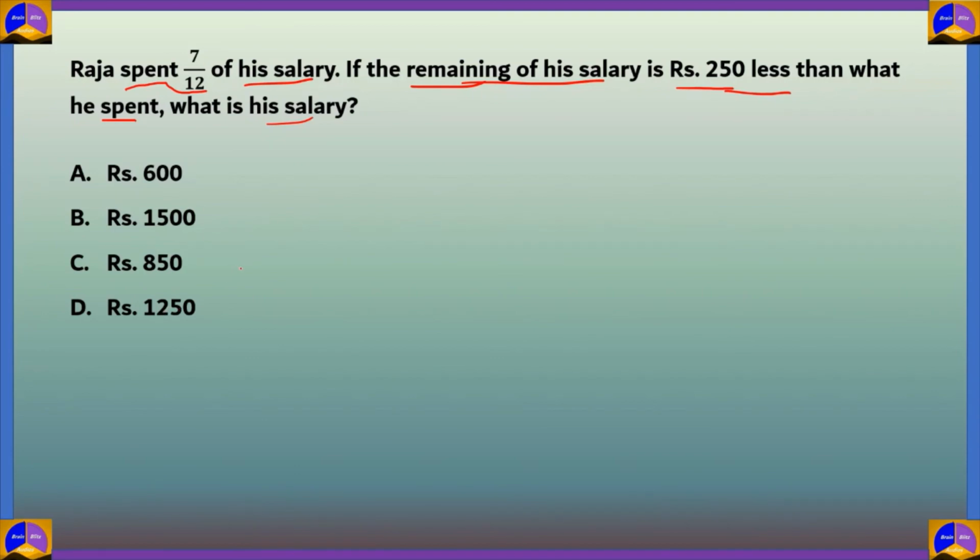Now, if we represent x as Raja's total salary, then he spent 7x by 12. Now the remaining will be x minus 7x by 12, which equals x by 1 minus 7x by 12.